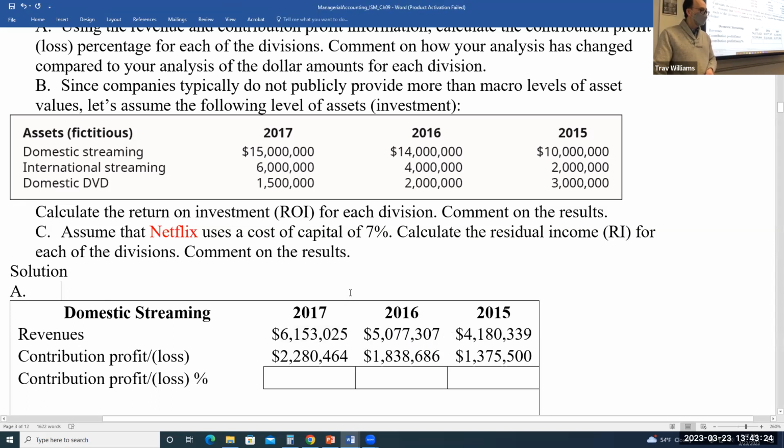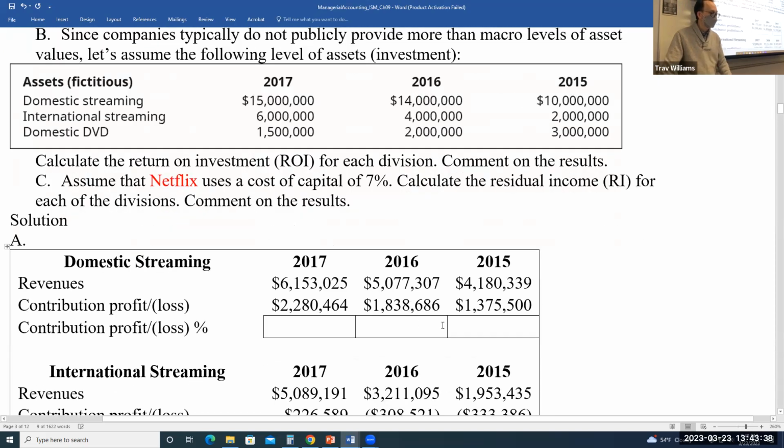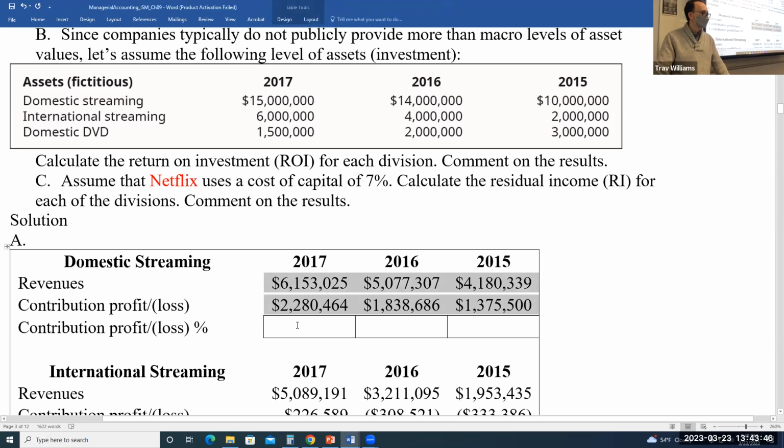All right, well, what we're going to do is 3 types of analysis. We're first going to do a contribution profit percentage. So we're just going to take the profit in each division for each year, divide it by the revenues, and turn it into a percentage, kind of like the operating income percentage we did in the last exercise.